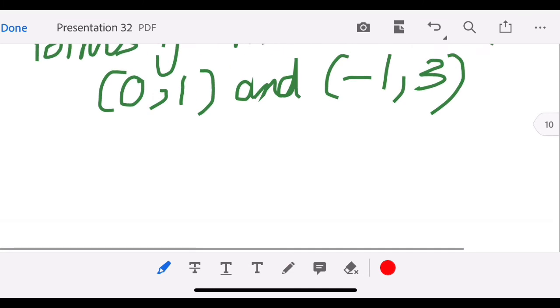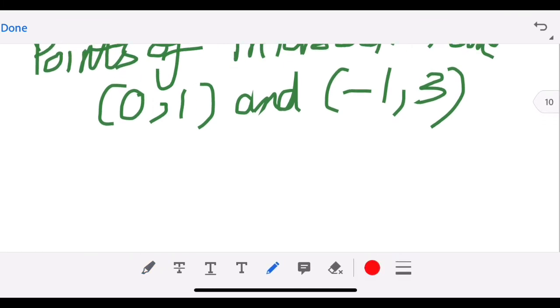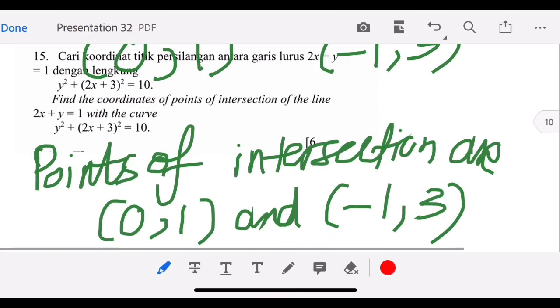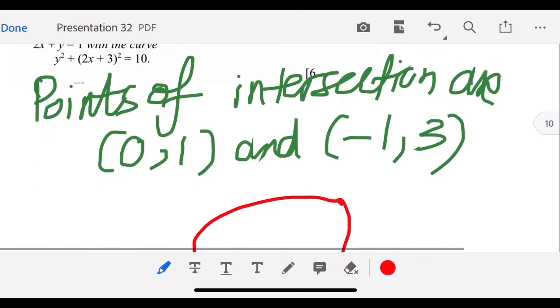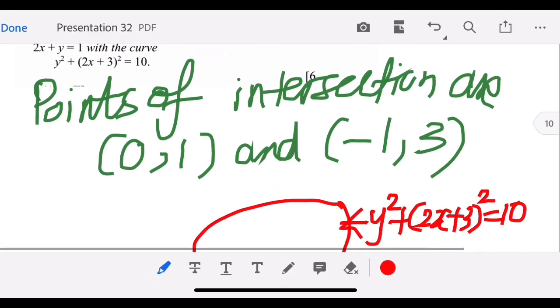So you must understand that you are solving a problem application. That means you have a curve, which is given as y squared plus 2x plus 3 squared equal to 10. The equation looks like this curve.